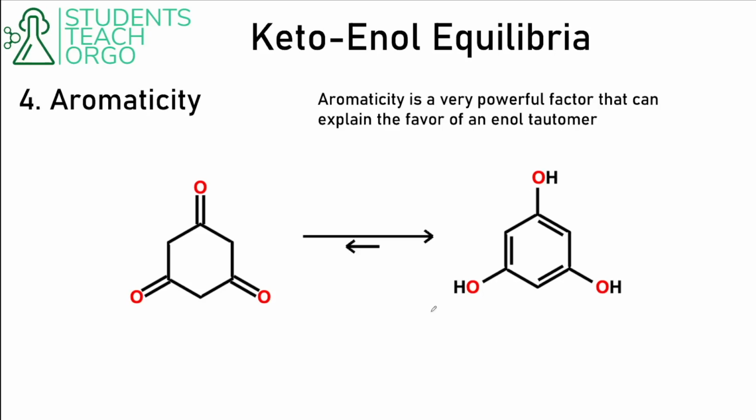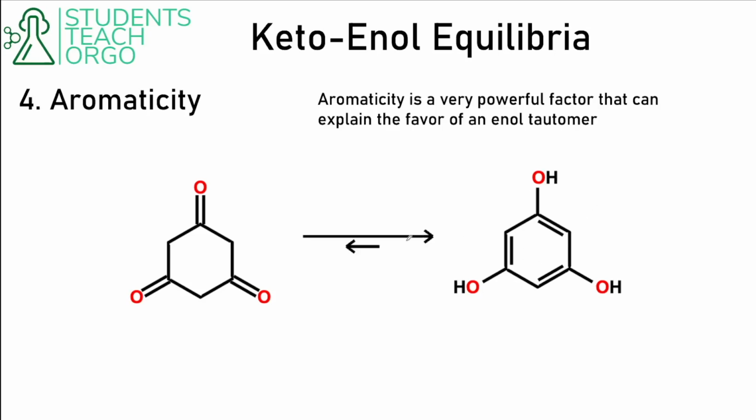If you want to review your rules on aromaticity, we've got a video on our YouTube page. But the idea here is pretty simple. If creating an enol would give the molecule aromaticity, that will greatly shift the equilibria to favor the enol form. So you can see this is 3 ketones here, but if all 3 of them go into their enol form, we would create this aromatic benzene ring.